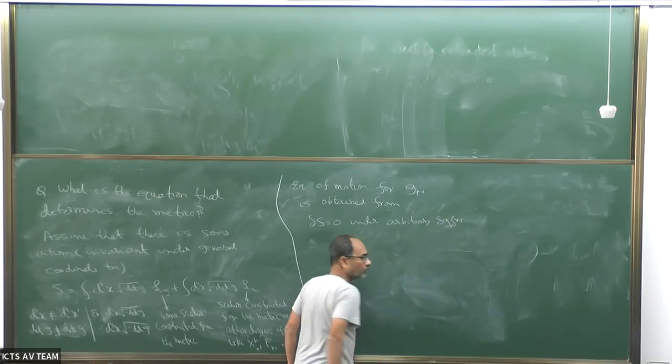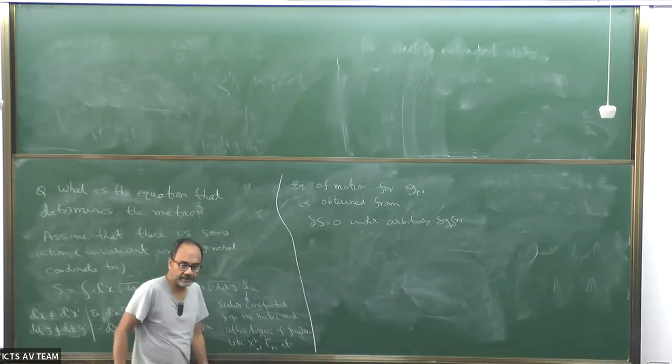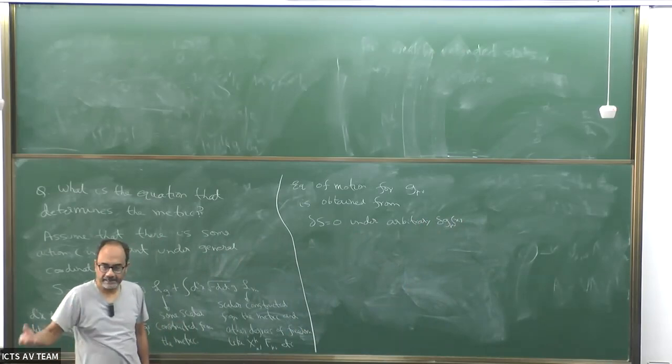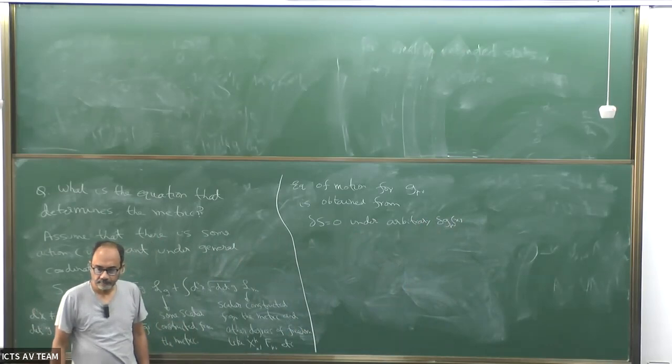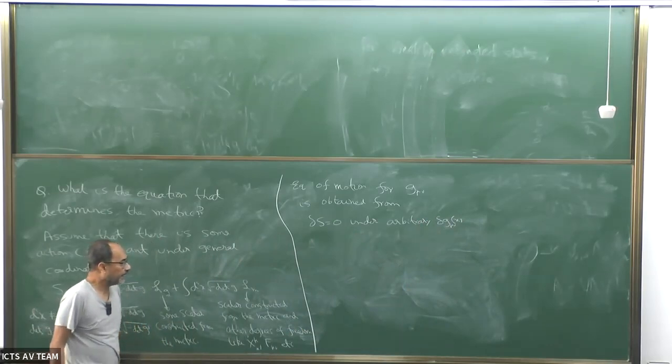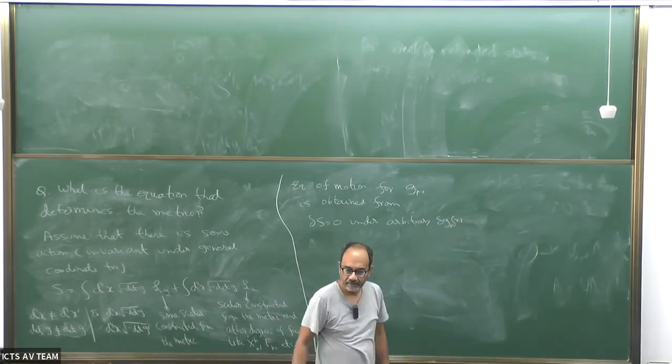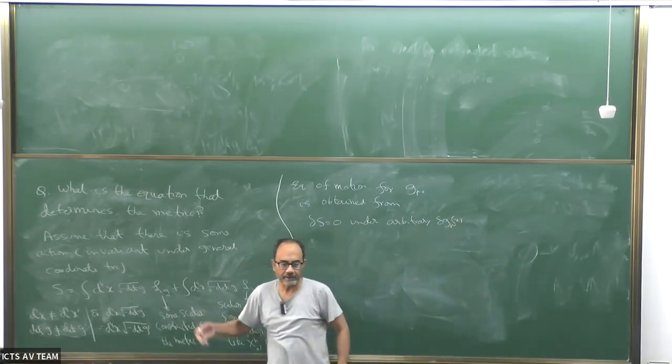You vary g_mu nu to g_mu nu plus delta g_mu nu of x, and the change in the action should be 0 to first order. That's the extremization principle. And here you will also assume that the variation vanishes at the boundaries, so that you don't have to worry about boundary terms. So you can always do integration by parts.